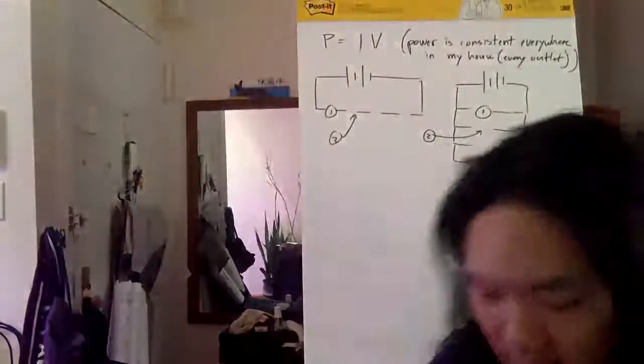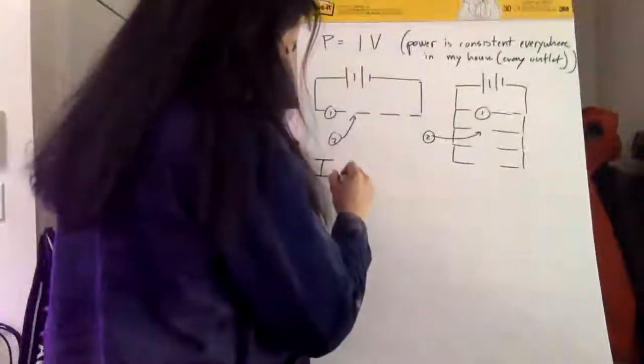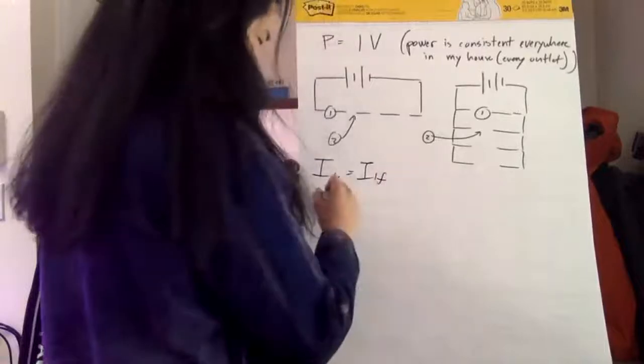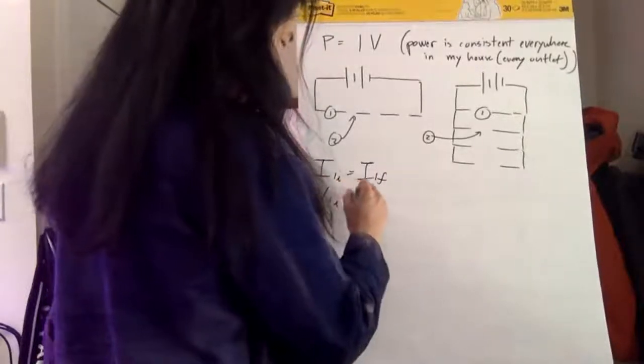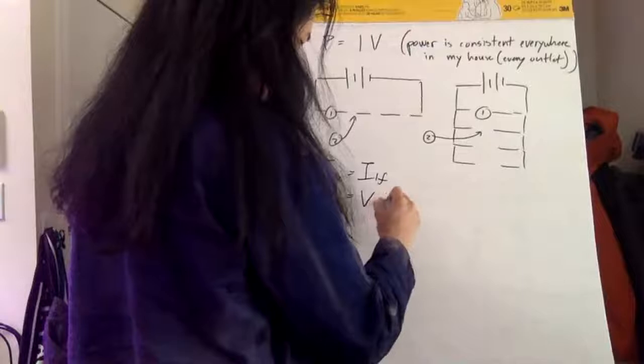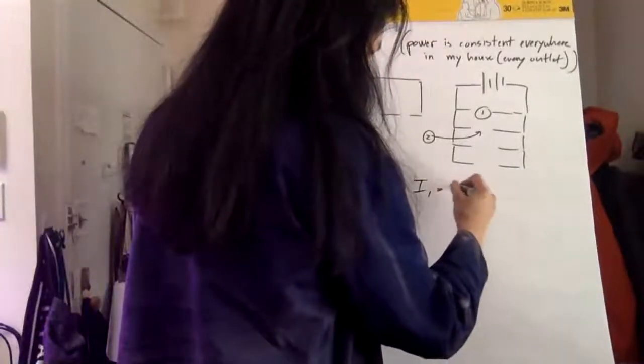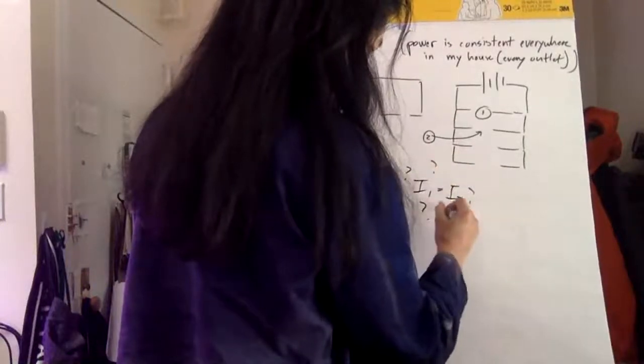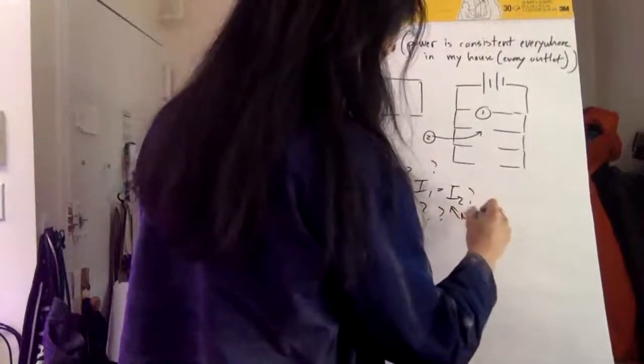I need I1 initial to equal I1 final. I need V1 initial to equal V1 final. What I don't need is I1 equal to I2. This is not important.